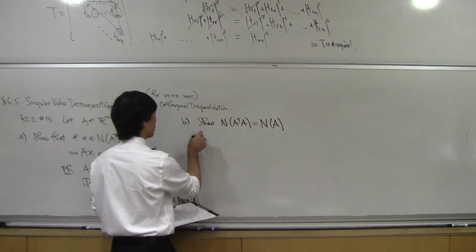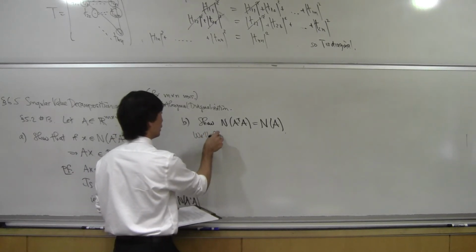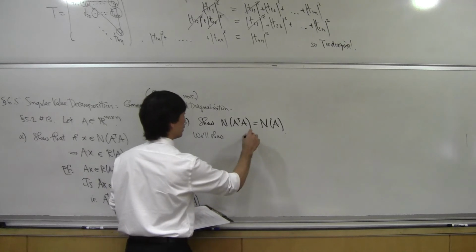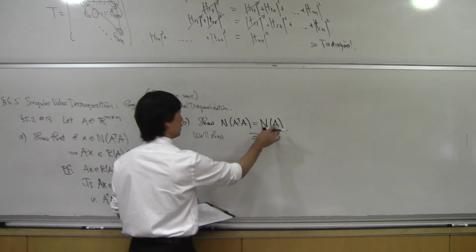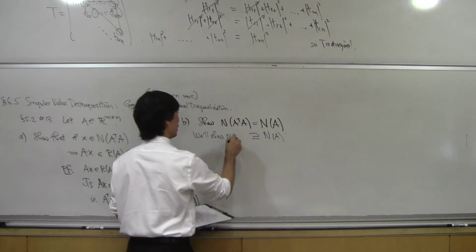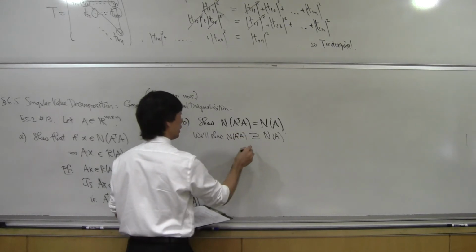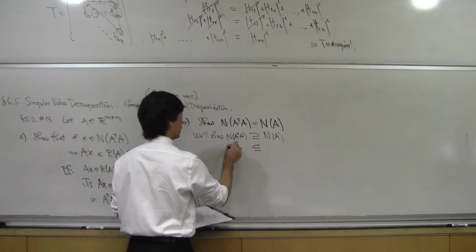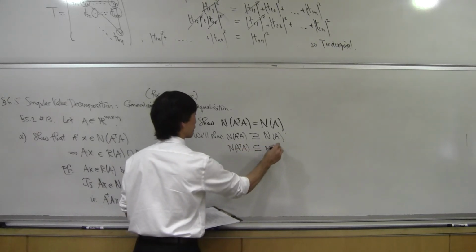We'll show that the null space of A is contained in the null space of ATA, and the opposite, that the null space of ATA is contained in the null space of A.